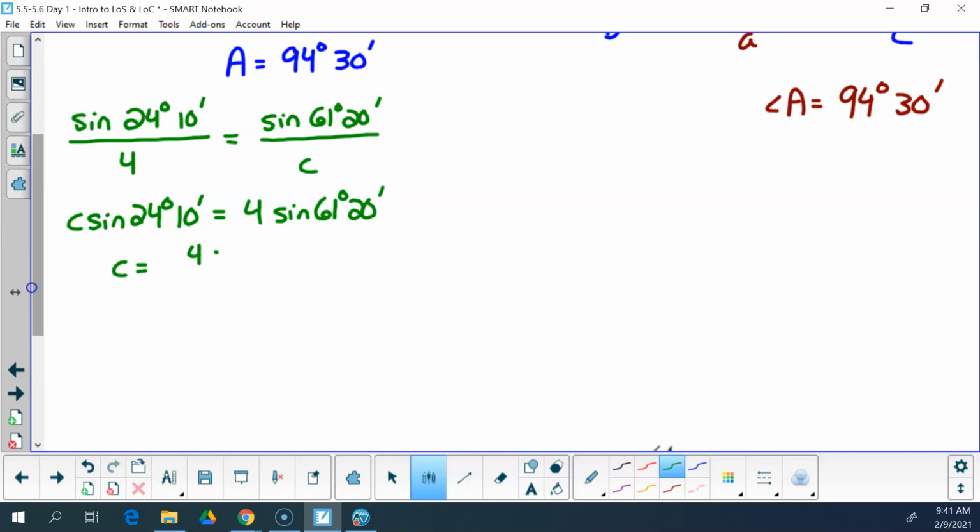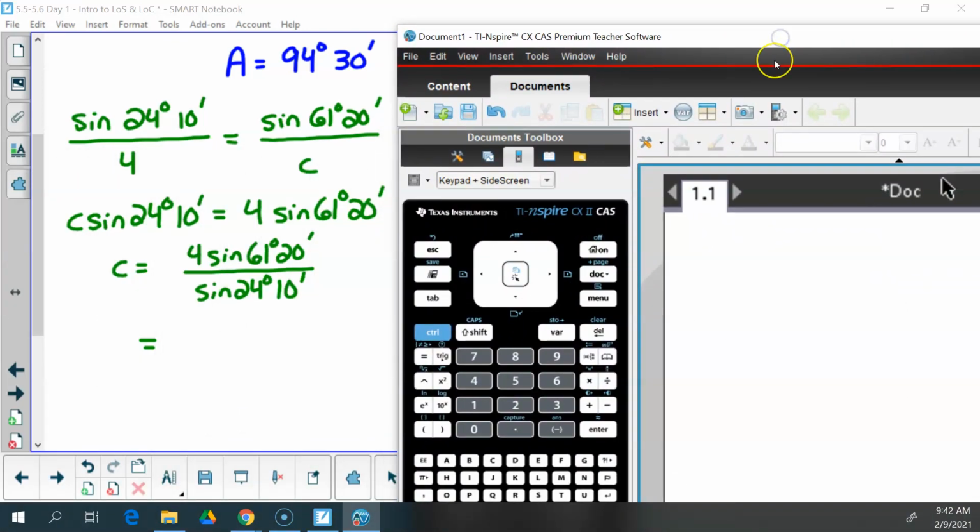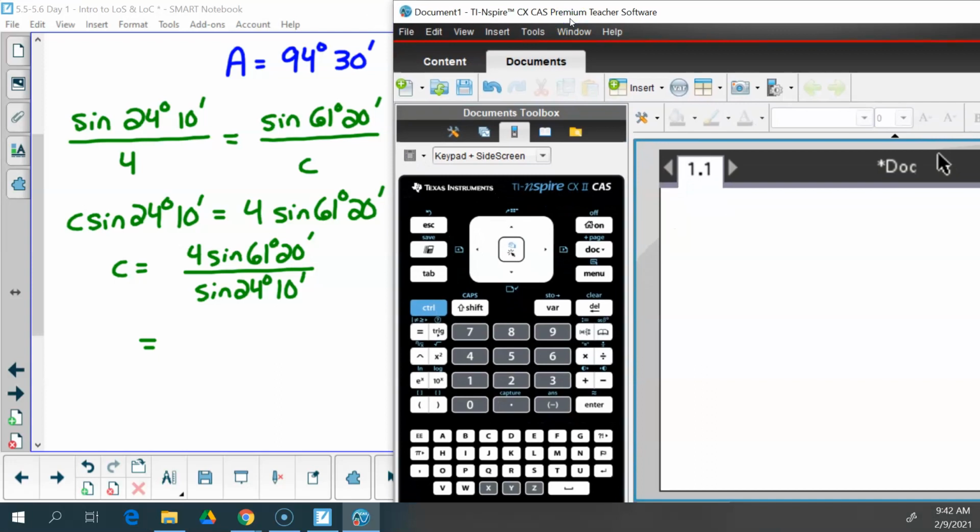Side C is going to be 4 sines of 61 degrees 20 minutes divided by the sine of 24 degrees, 10 minutes, which is, I think, bring this over, maybe. Okay, there we go. Now we can see it all.